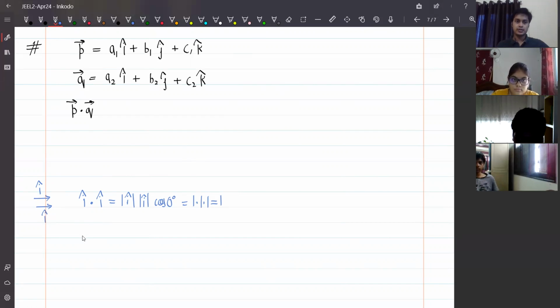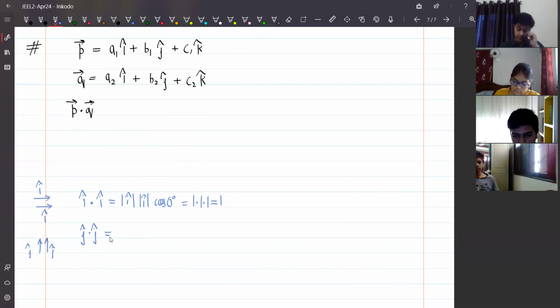Similarly, J dot J: J is along the perpendicular direction, so the angle between them is again 0, and the magnitude of both J is 1. So J dot J is also 1. And K dot K is also 1.